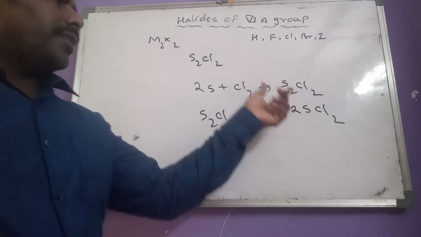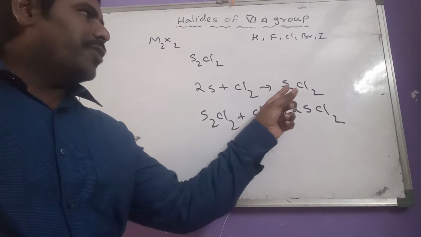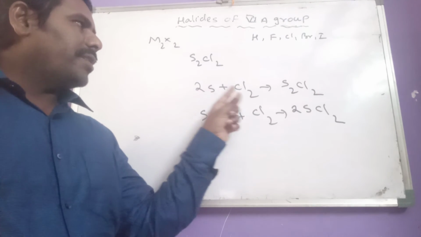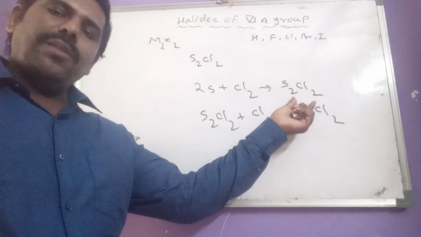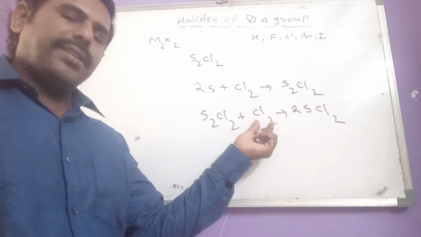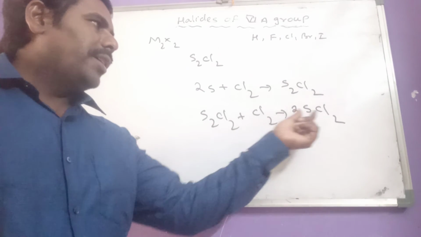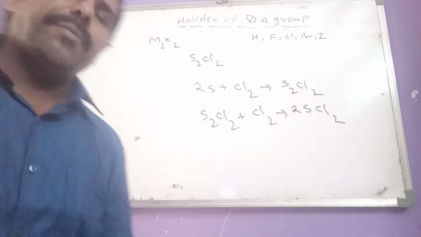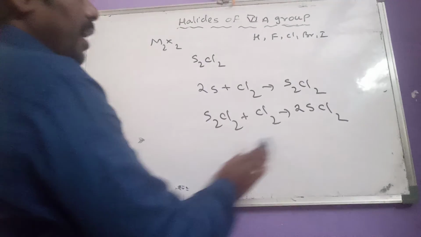So these are the preparation methods of mono and dihalides. First by adding sulfur and chlorine we get monohalide. That monohalide when treated with excess halogen, we can get dihalide. So this is the preparation method.